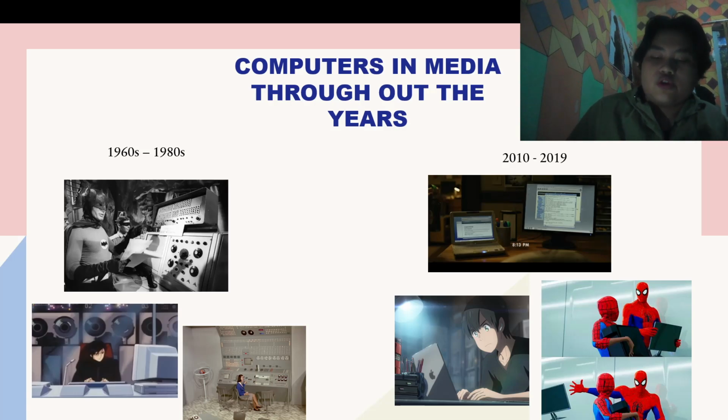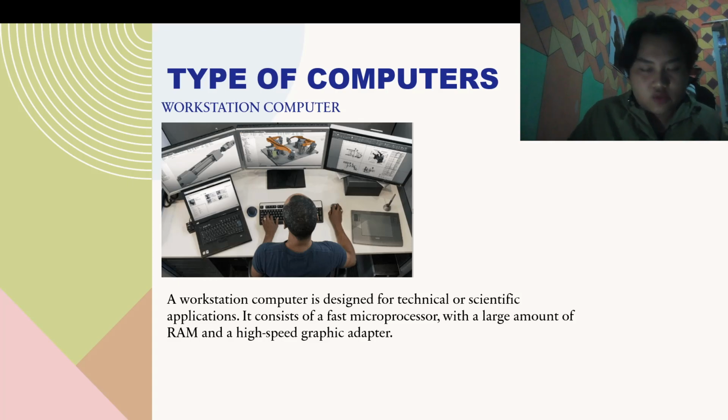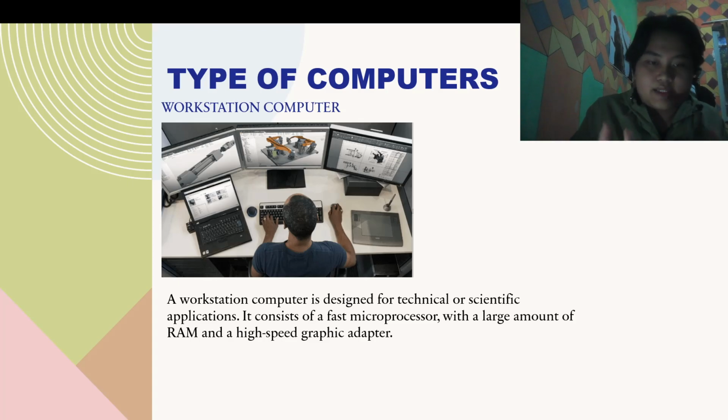Now we're talking about computers. We're going to talk about the types of computers. Types of computers. There's a workstation computer. What is a workstation computer? Workstation computers were used as a workstation. Usually they have a fast CPU, fast big RAM, bigger power supply, a big GPU, a bigger case, and probably very good looking monitors.